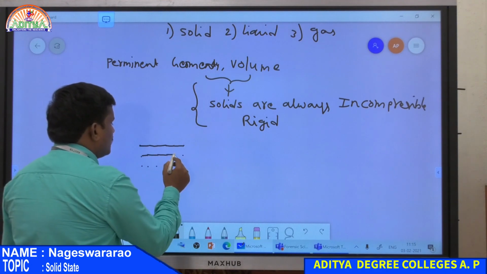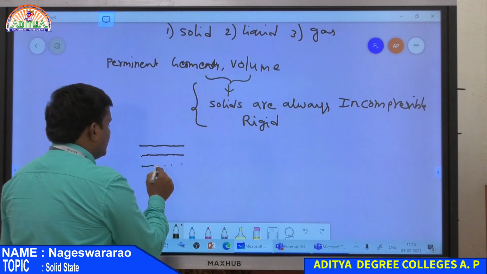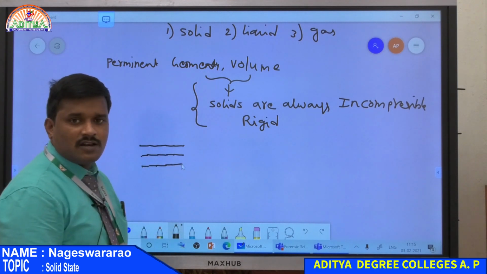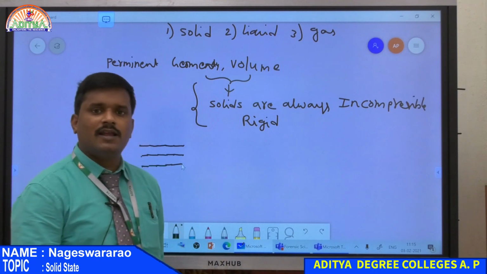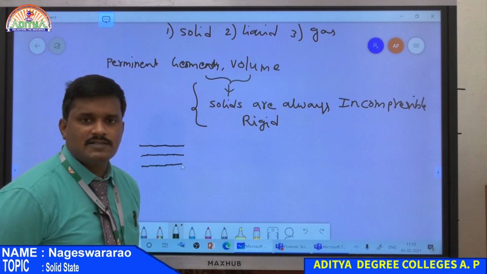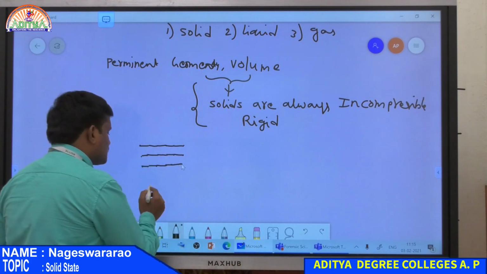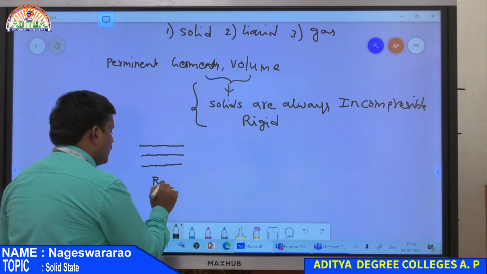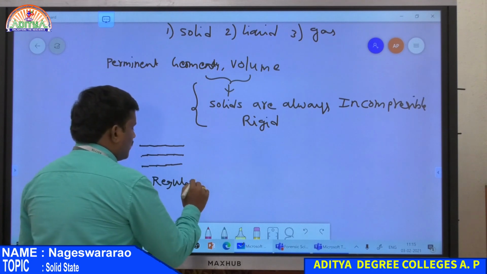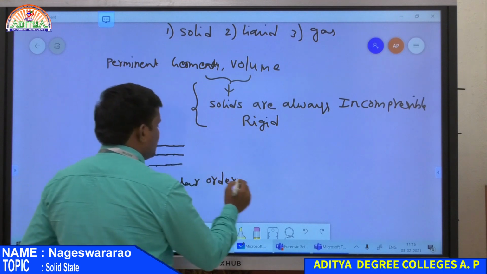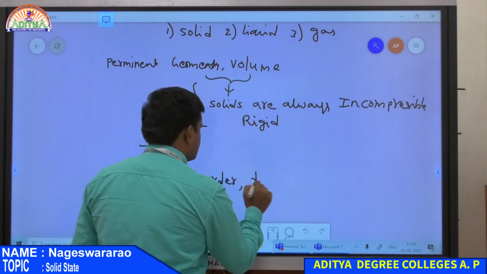Whereas in the case of liquids and gases, the distance between the atoms is very high, and also all atoms are not in regular order. That is irregular order in the case of liquids as well as gases. But in the case of solids, these atoms are arranged in regular order, and the distance between the atoms is very less.